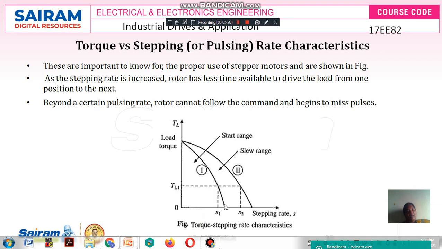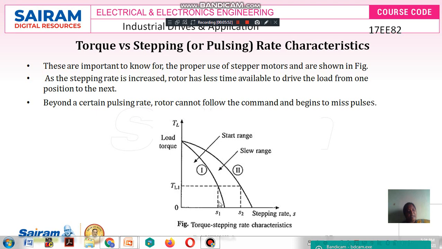This area is called the slewing area, or slew range. The slew range is useful only for speed control and not for position control. This is the region where we can control the speed, but not the position.